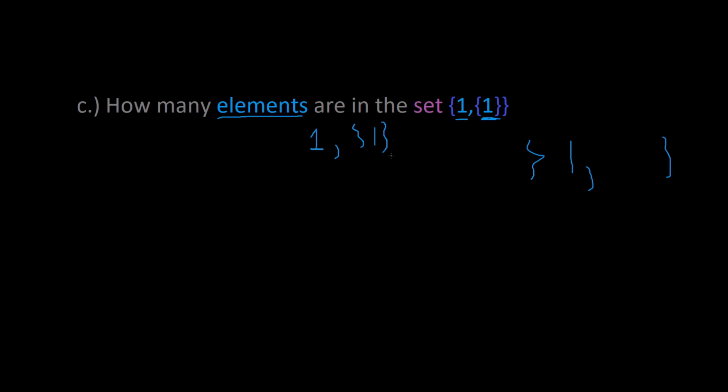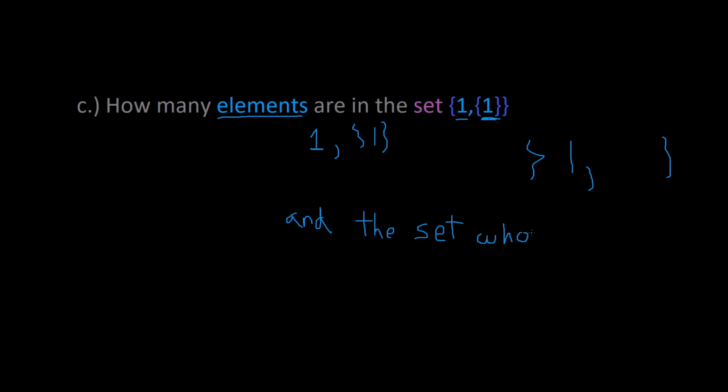And so let me explain it to you in math terms. It says 1 and the set whose only element is 1. So our answer is 1 and the set. So what's our other element? It's another set whose only element is 1.